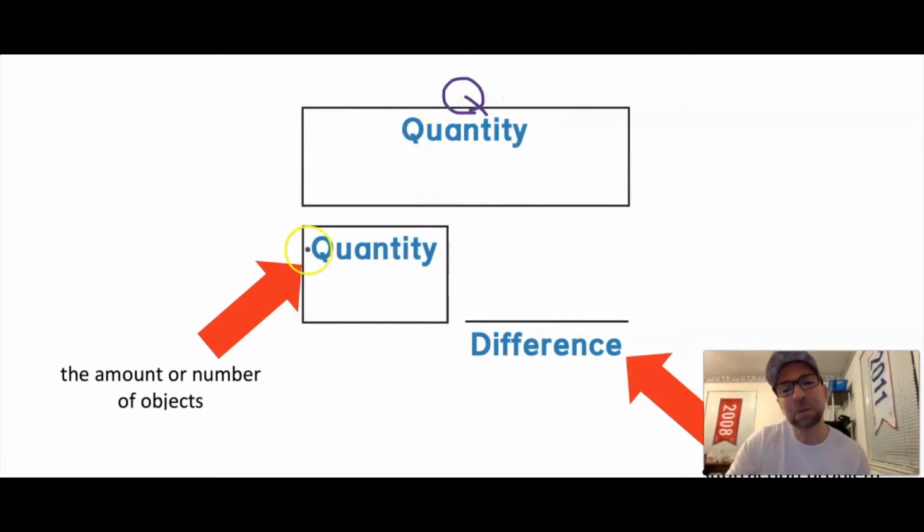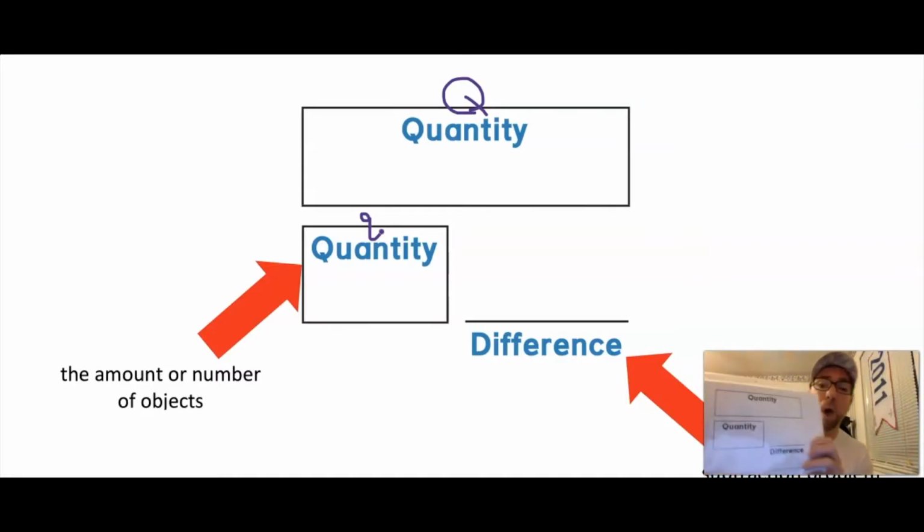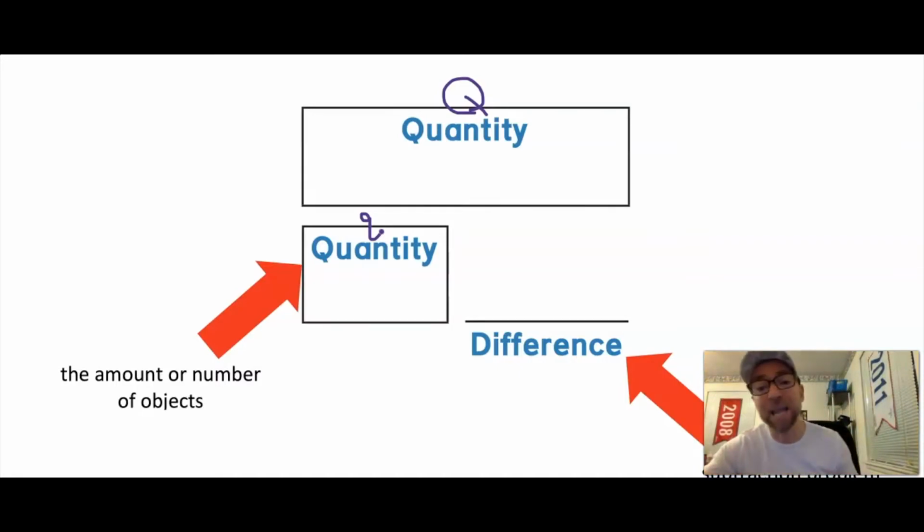You see this other little box here? This is also a quantity box. I call this little q. That's where the lesser number goes. So let's take our sheet protector that has our quantity difference diagram and let's fill it out. Declan has 12 pennies, so we're going to write the number 12 in the big Q box.